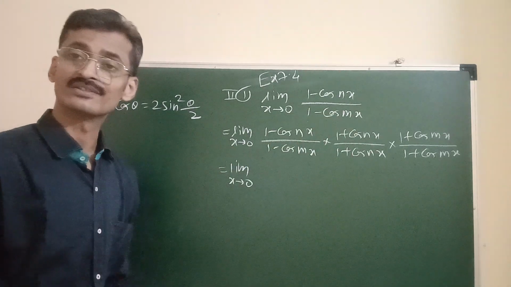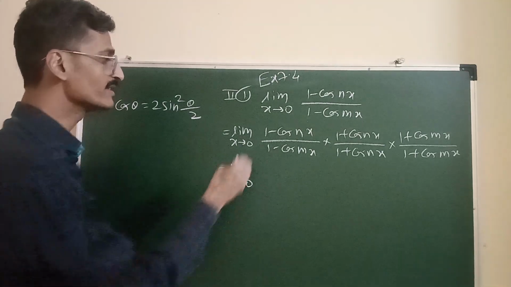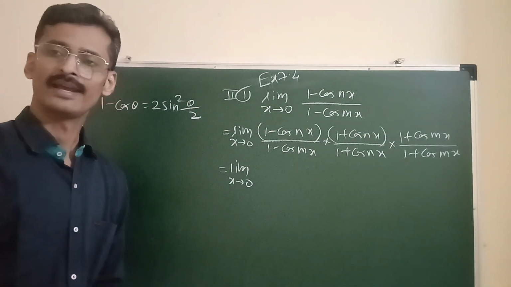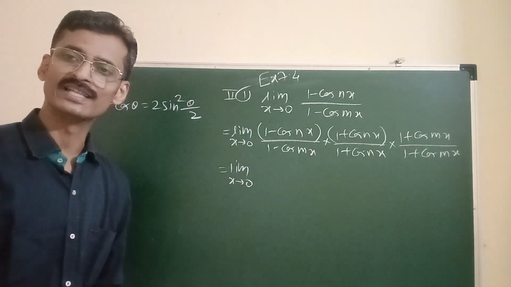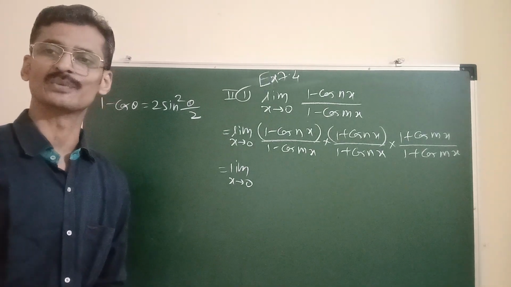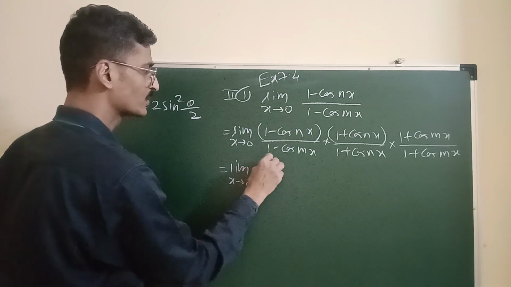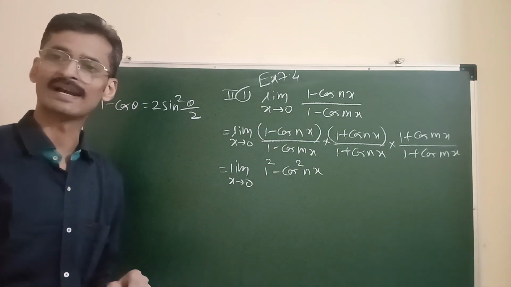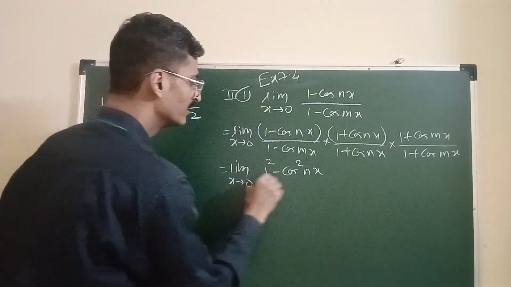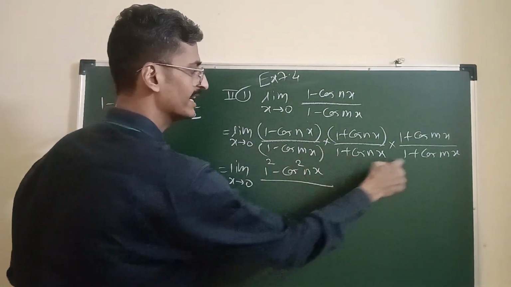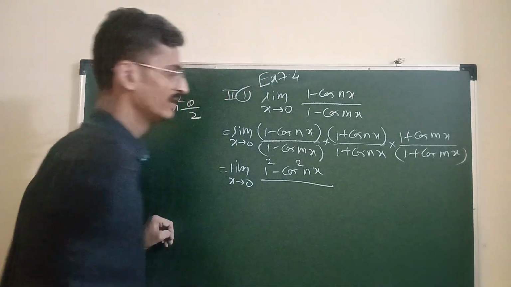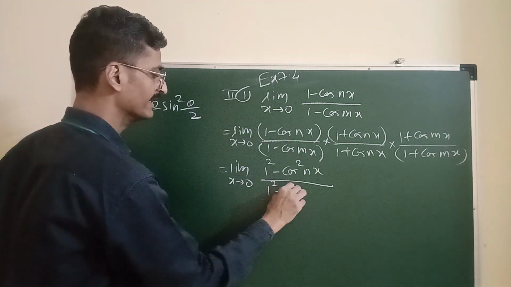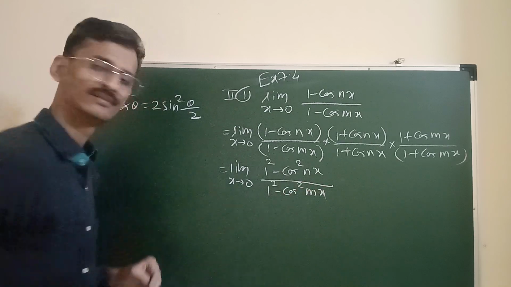What is the use of this? Why are we changing the sign? Because now this is a minus b and this is a plus b. We know a minus b into a plus b is a square minus b square. So this will become 1 square minus cos square of nx. Same here: this is a minus b and now this is a plus b, so a minus b into a plus b is a square minus b square.